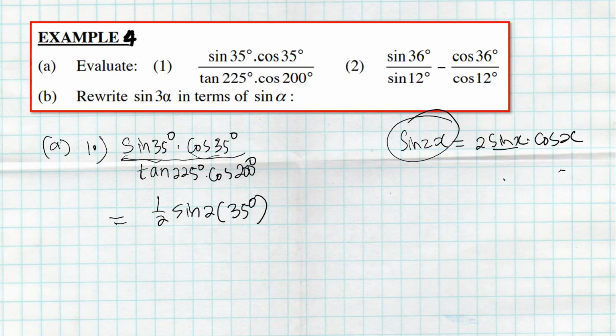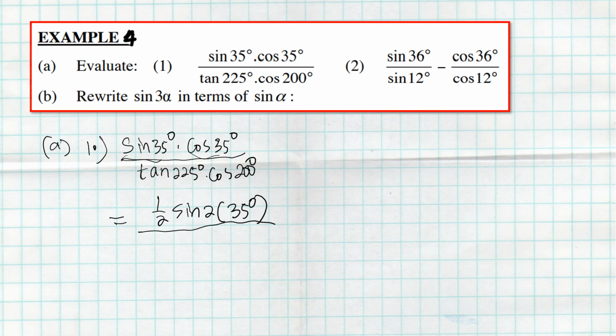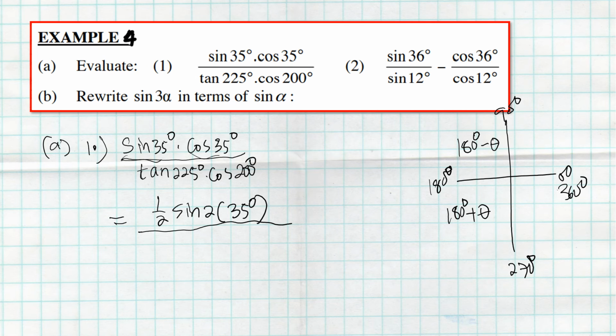Okay, so let's go under there. On the denominator, we have tan 225 degrees. So look at the Cartesian plane here. If I have tan 225, we have to use the reduction formula in order to reduce that trig ratio, right? So how do we do that? You check your angle 225 degrees is between what?